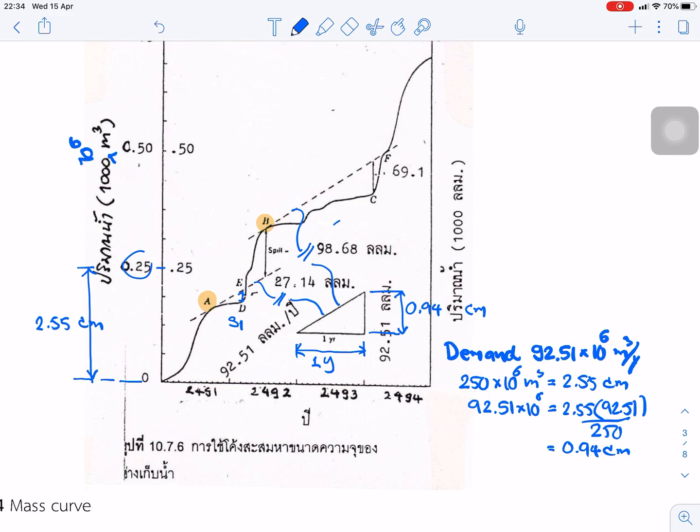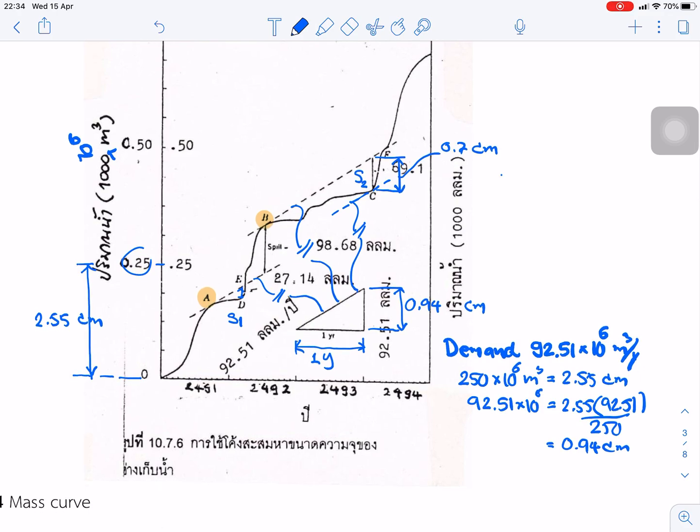Or we can do another way. We can draw another, similar to the previous one, a parallel line. Okay, and we measure S2. What is the length of this? Just using a ruler to measure, it is about 0.7 centimeter.